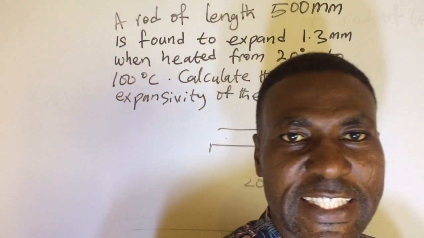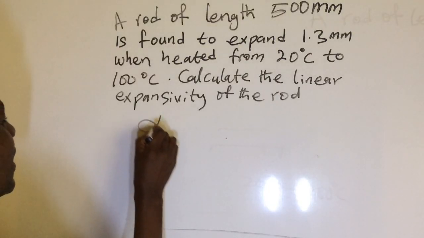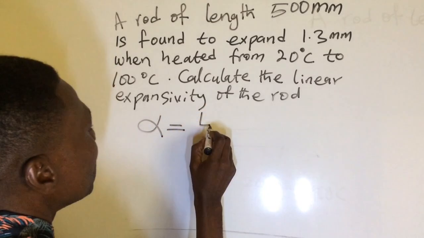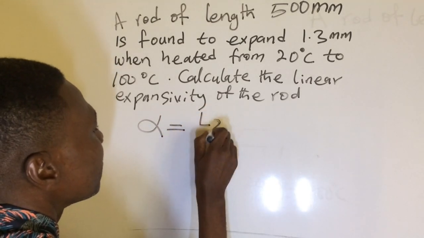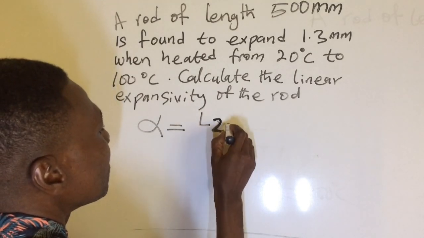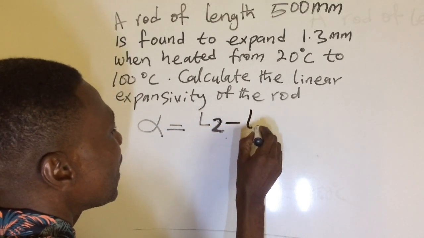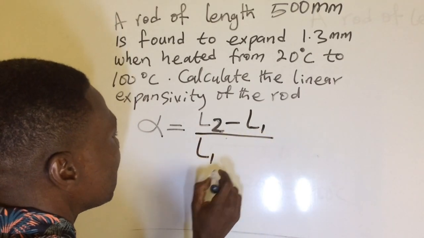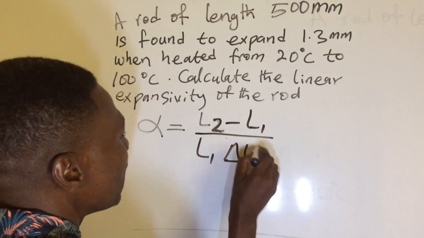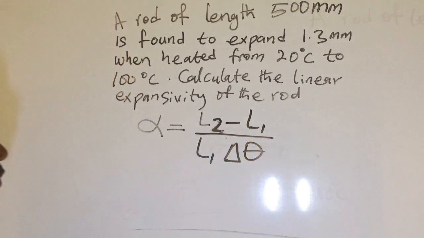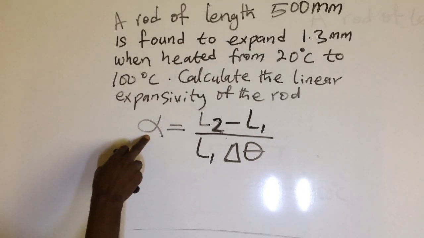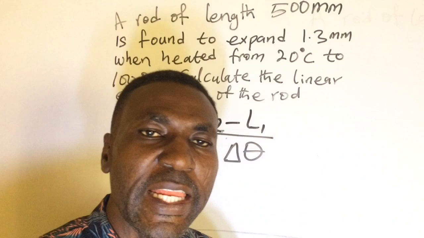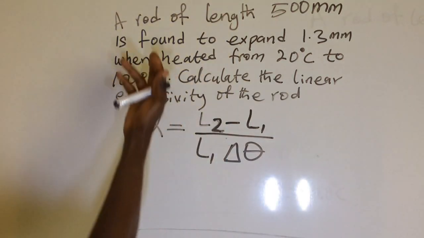And the formula is this. Linear expansivity is equal to final length minus original length, all over original length times change in temperature. So this symbol here, alpha, represents our linear expansivity of the rod.